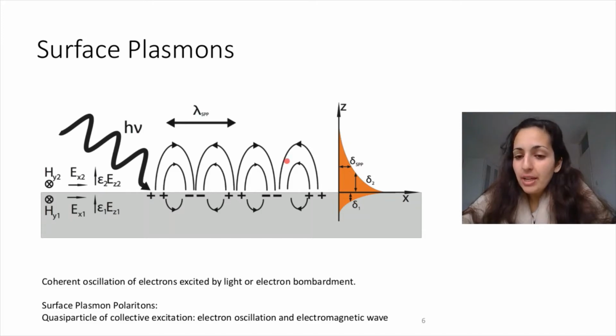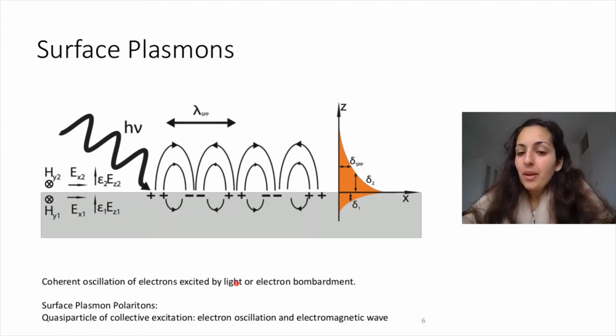So it's really a very localized situation, where this surface plasmon only exists at the surface. If we go into the metal, it will disappear, and if we go into our dielectric or the vacuum, it will also disappear. It's really localized to the surface.